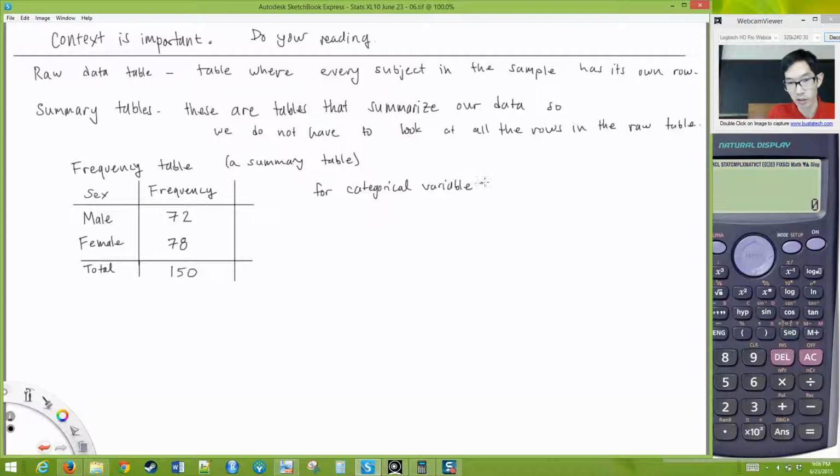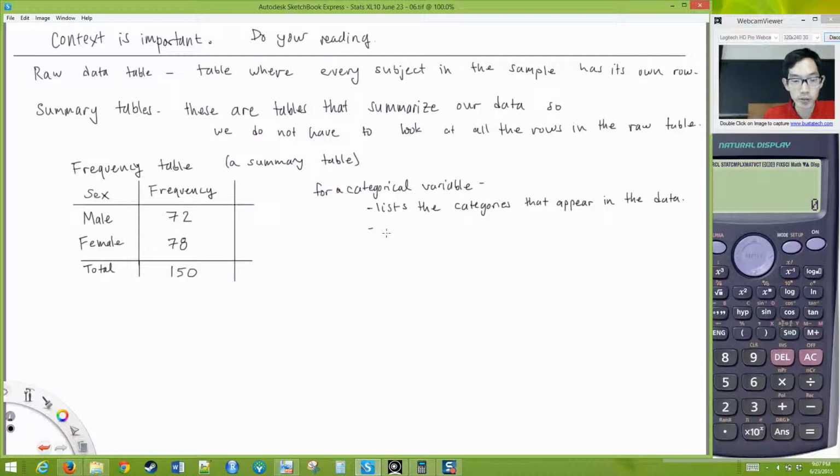Okay? Lists the categories that appear in the data. Okay, so for a categorical variable, so here we're just looking at the categorical variable sex. Okay, so lists the categories that appear in the data. So in our table, we only saw males and females present. I suppose, we could have another category there.